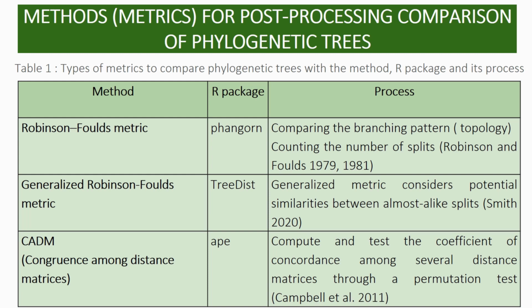Moreover, I've used multiple metrics in this project to explore different components of phylogenetic accuracy. Robinson-Foulds metric and generalized Robinson-Foulds metric come under topology-based methods, while congruence among distance matrices comes under distance-based methods.